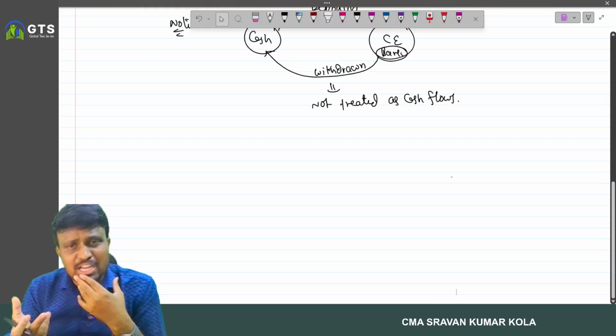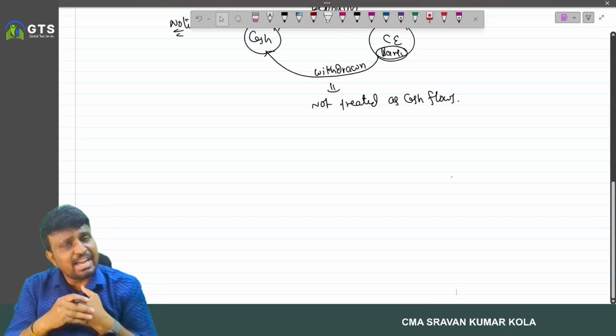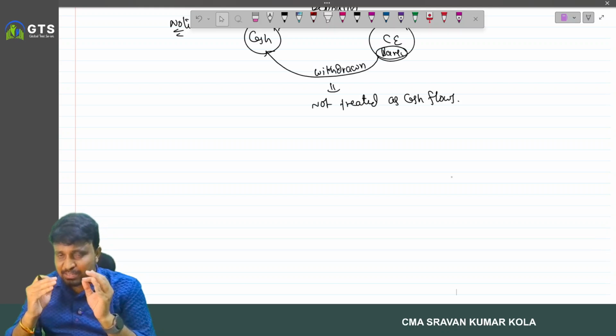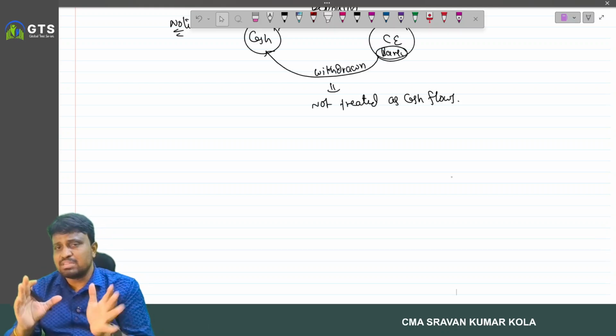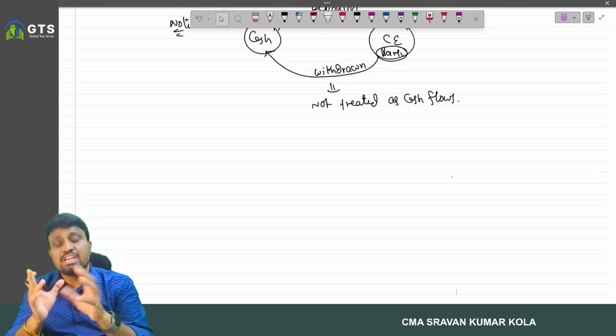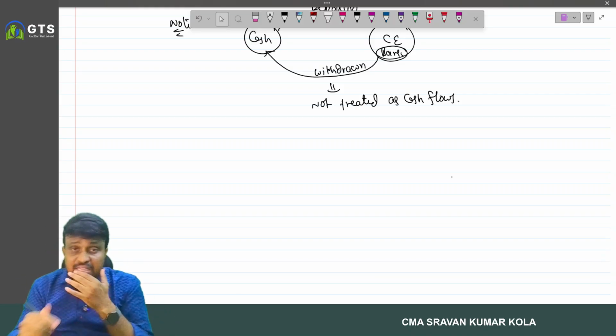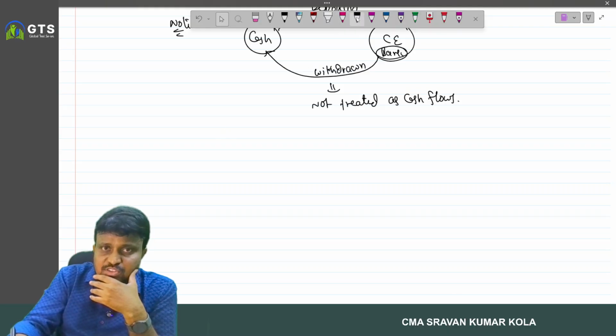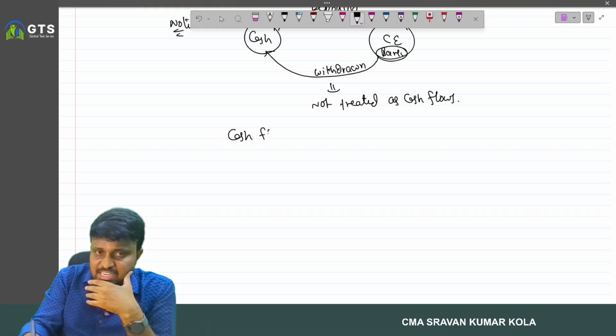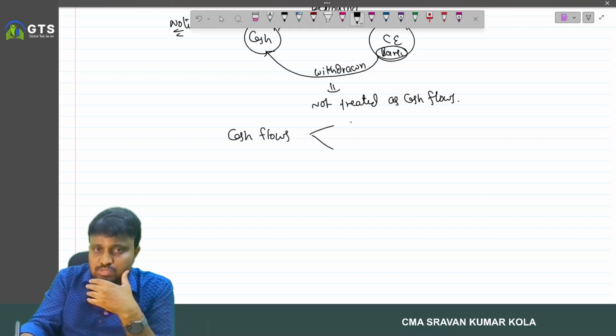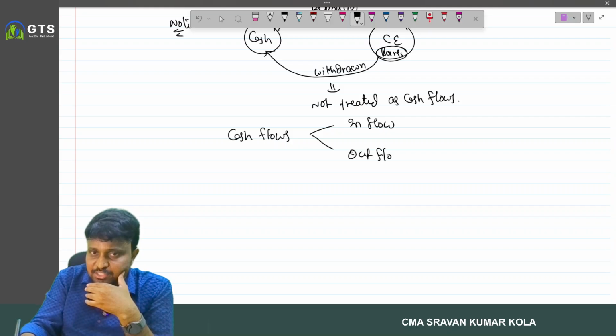Coming to the next point, how to prepare the cash flow statement. A cash flow statement is simply a statement showing the flow of cash during the year. In case of cash flows, we have only two flows: either inflow of cash or outflow of cash.